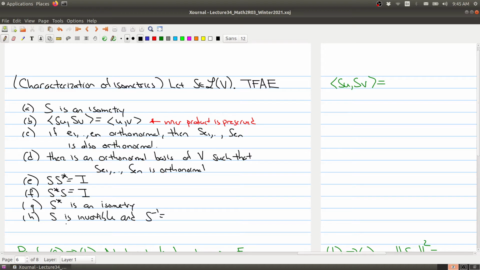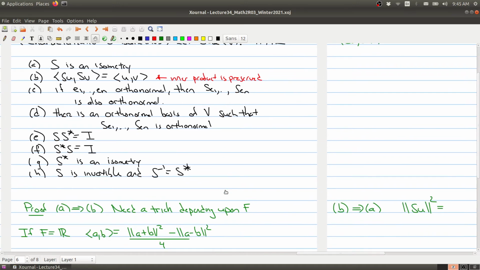And finally, S is invertible, and the inverse of S is its adjoint. We actually proved a special case of this when we were looking at orthogonal matrices in the last lecture, but if you don't see the connection, that's fine.